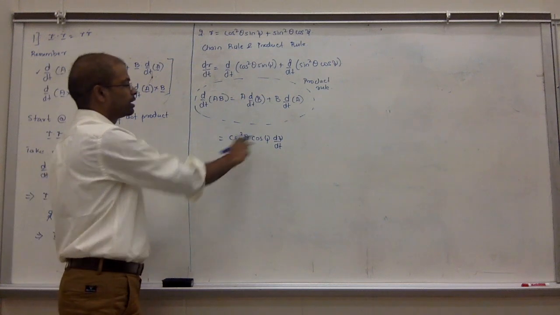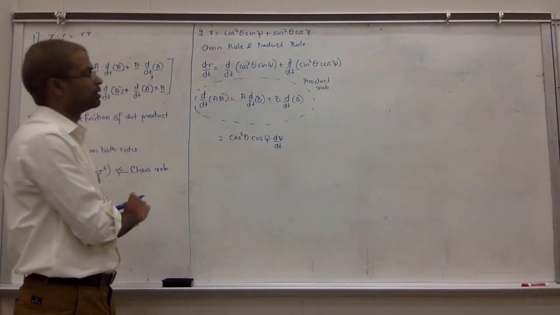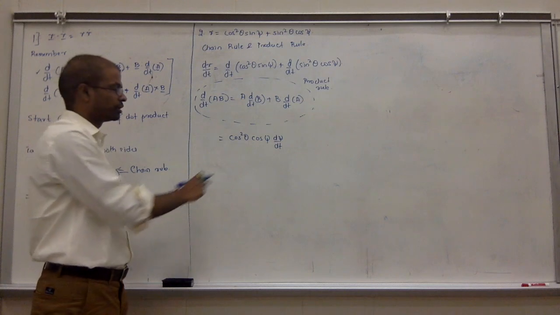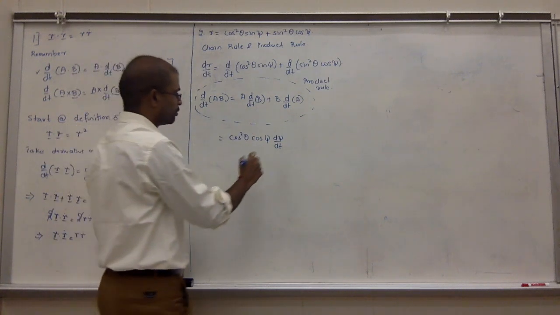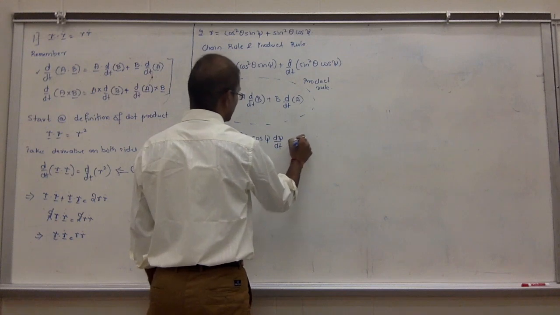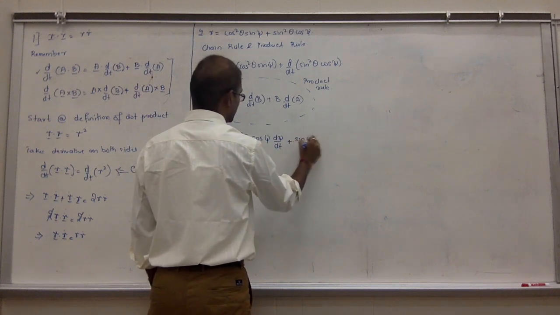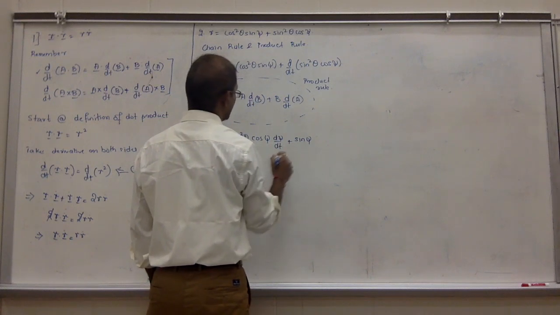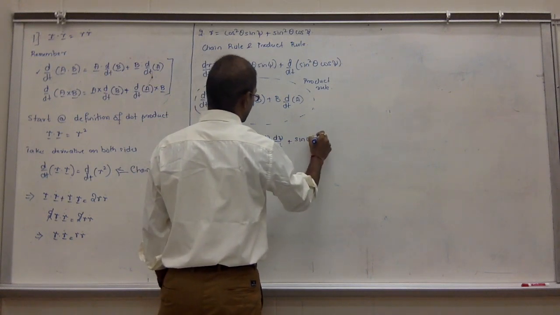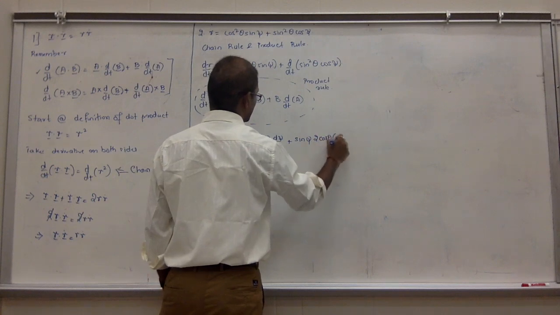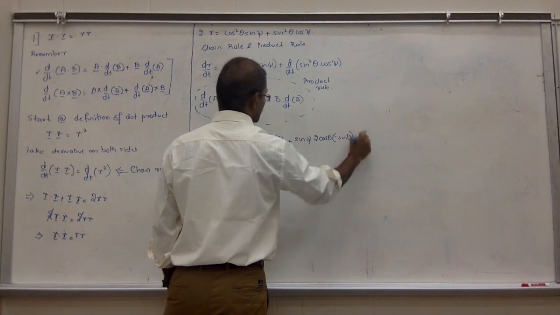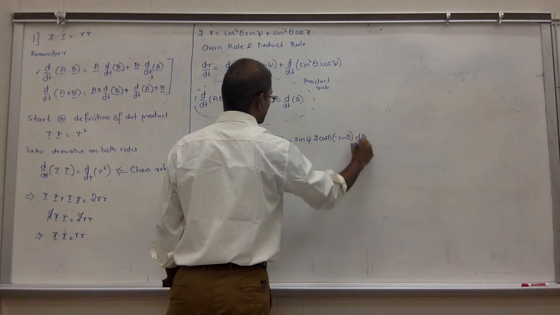Psi and theta are functions of time. So you have to take that d psi by dt, plus sine psi into the derivative of cosine square theta. What is the derivative of cosine square theta? It is 2 cosine theta into minus sine theta d theta by dt.